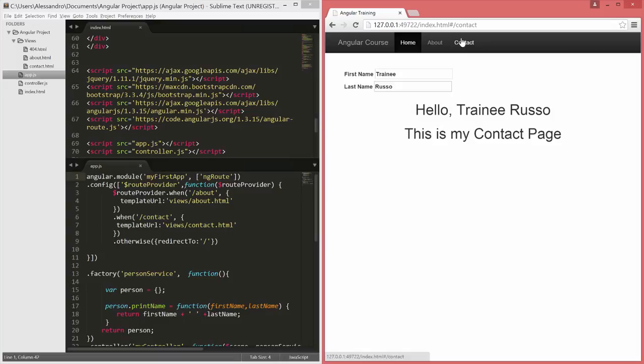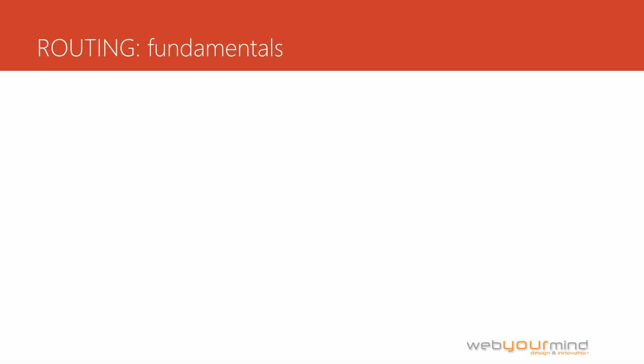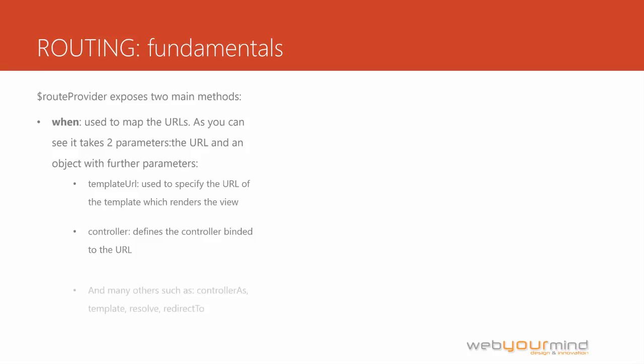But before then, I just want to do a quick recap on what we have seen so far. We talked about the route provider that exposes two main methods. The first one is when, which is used to map the URLs, as you can see. It takes two parameters, the URL and an object with other parameters, which can be the template URL, the controller.